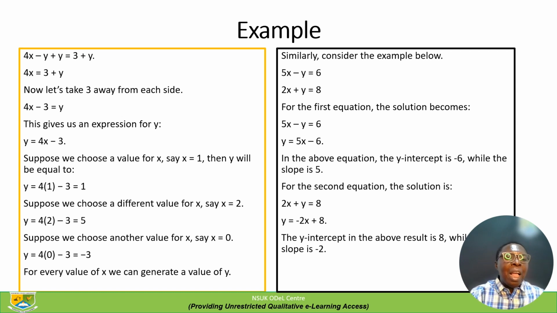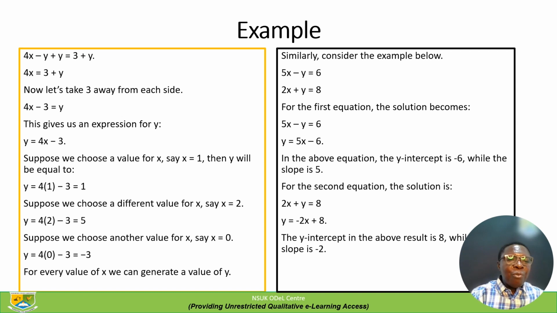So let's look at the example. Let's say 4x minus y plus y is equal to 3 plus y. Here you will now have 4x equals 3 plus y. Now let's take 3 away from each side.